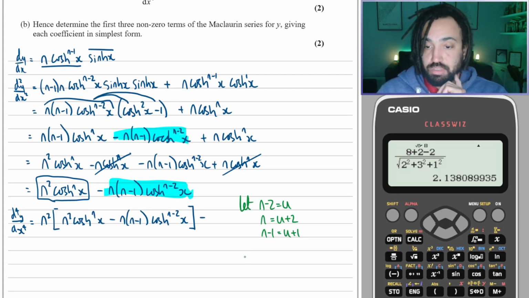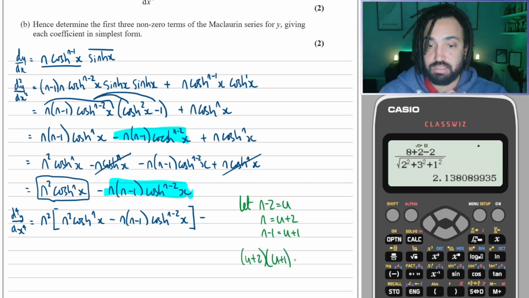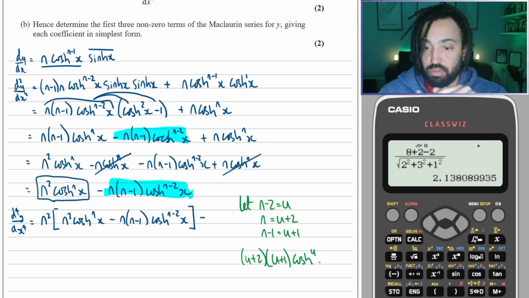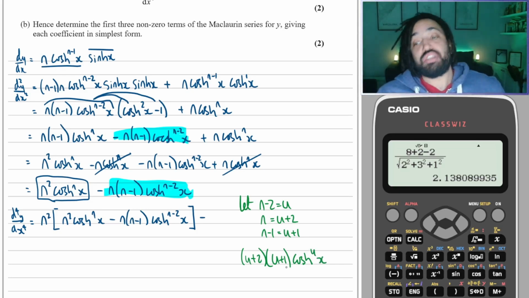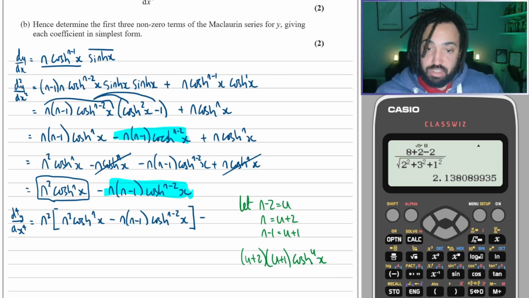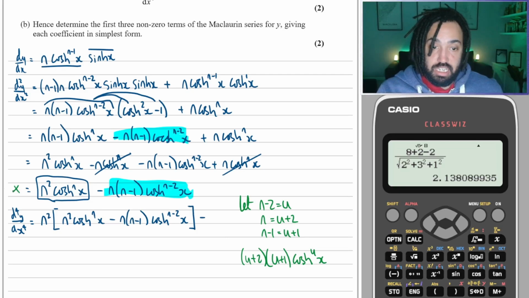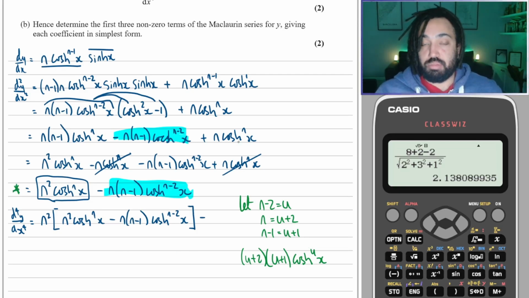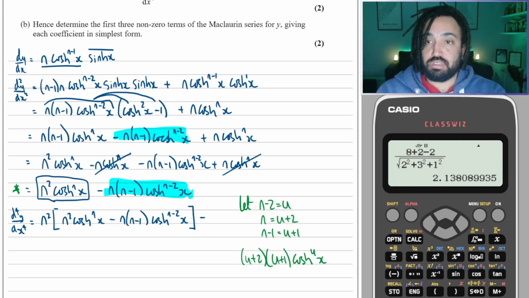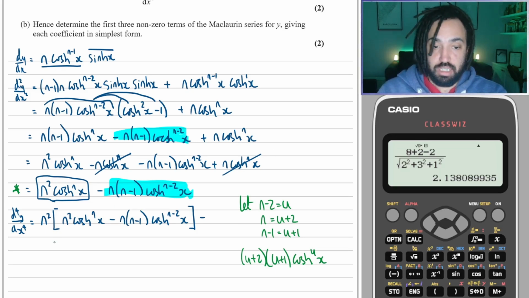So this now becomes u plus 2, u plus 1, and then cosh to the u of x. Okay, now we know what this differentiates to, because it just differentiates to this line here, but with u's instead of n's. So let's differentiate that twice, and let's see what we get.